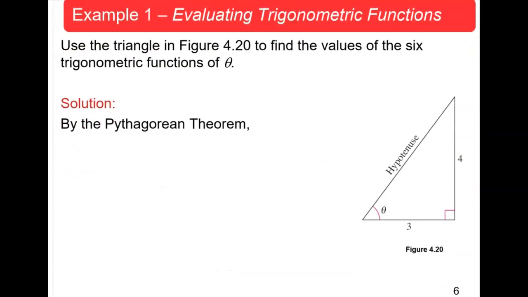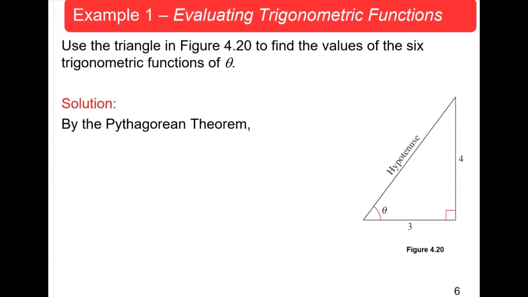And for our first example, we do have a right triangle. We are given 2 of the sides, and we need to find the third side. Although that's not the main question, we're asked to find the 6 trigonometric values or functions, and so that implies that we need all 3 sides.